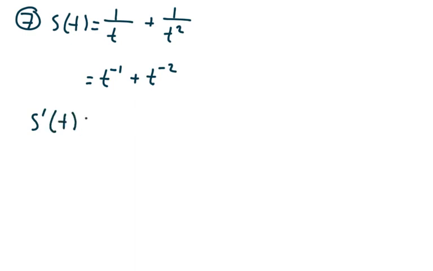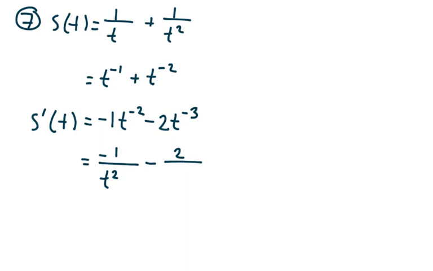S prime of t is negative 1t to the negative 2, right? Power rule, minus 2t to the negative 3, which is negative 1 over t squared minus 2 over t cubed.